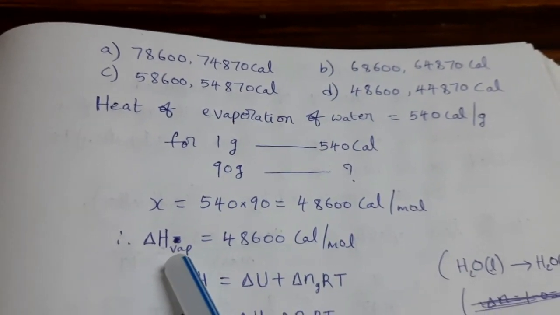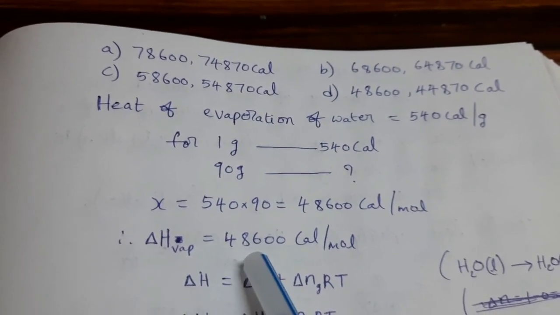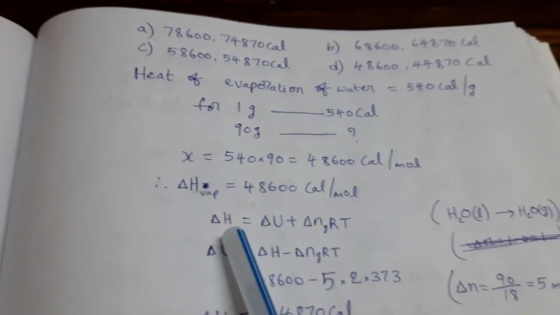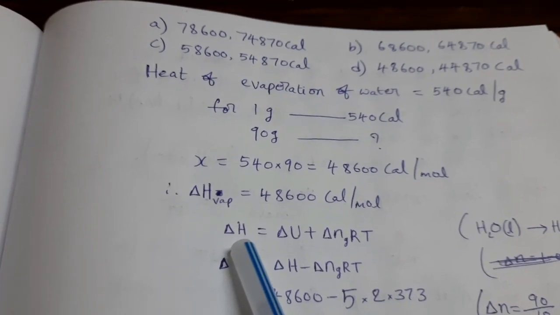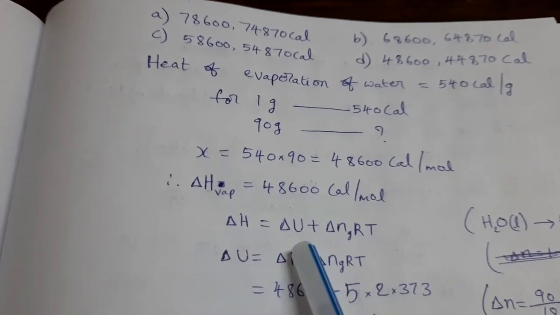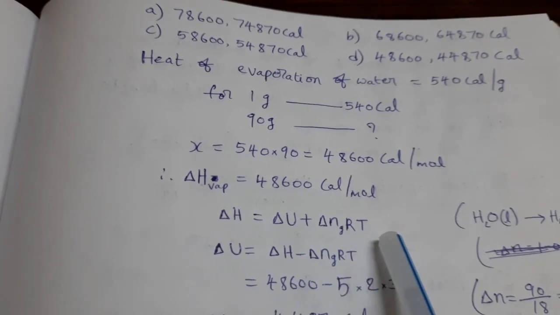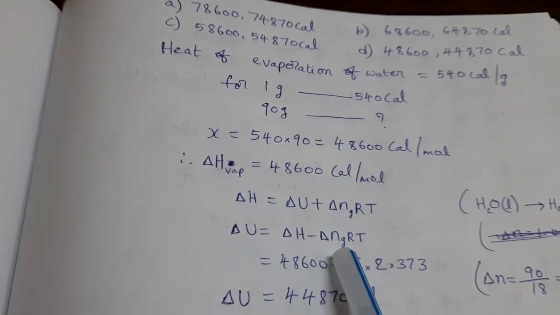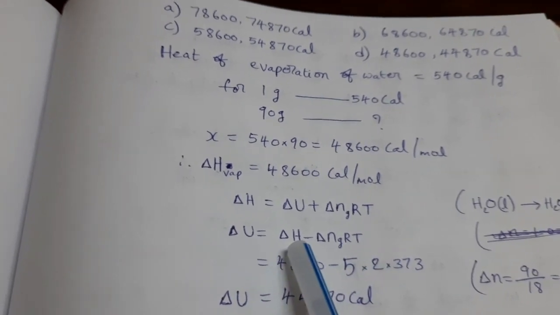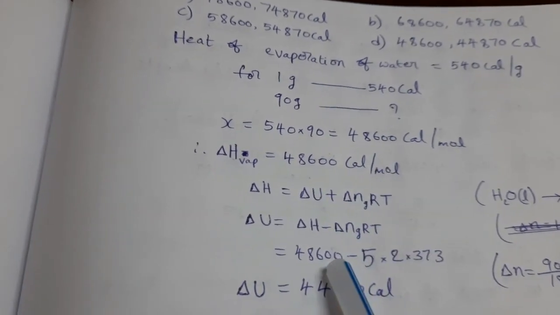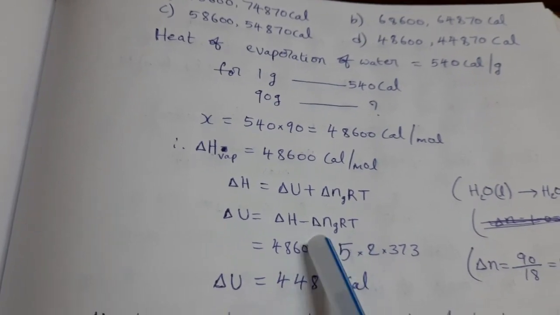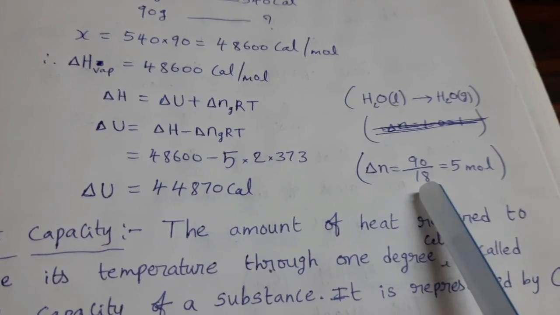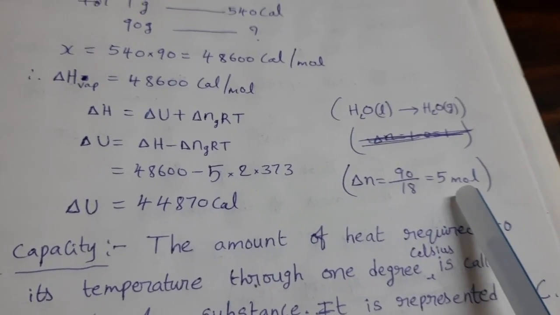Now enthalpy of vaporization 48,600 calorie per mole. Now enthalpy formula, change in enthalpy formula, delta H equal to delta U plus delta Ng RT. Delta U we want, so delta H minus delta Ng RT. Here this value calculated, this one substitute, and number of moles, given mass is 90 and molar mass of water is 18, so number of moles is 5 moles.